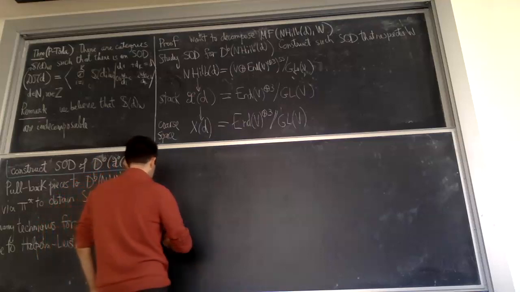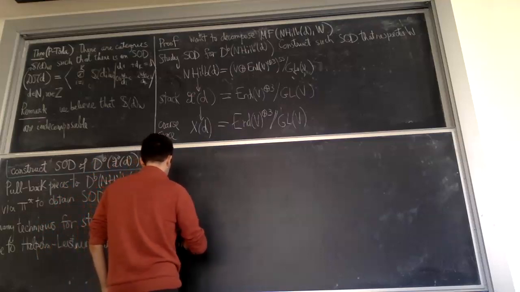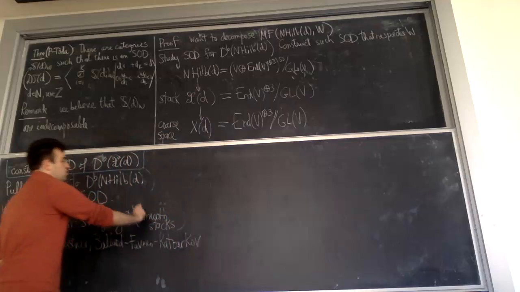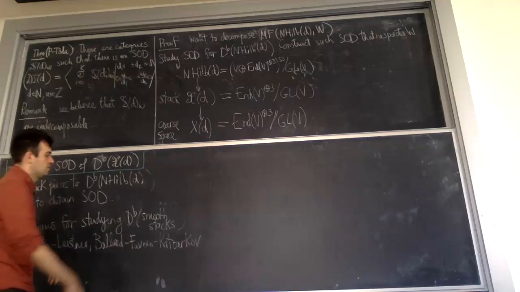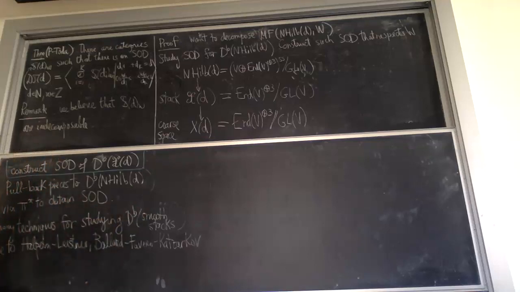So these authors decompose coherent sheaves on a stack using a stability condition. So they will have some pieces that will be equivalent to Db of semi-stable points with respect to that linearization, and then some extra stuff coming from unstable loci.